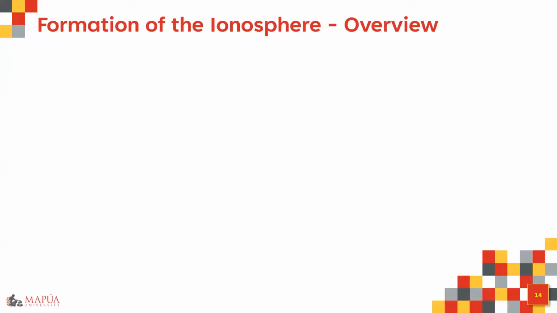Okay, so to give you an overview of how the ionosphere is formed, to make things simpler, the formation of the ionosphere basically follows the continuity equation. You're already familiar with the idea of the continuity equation.